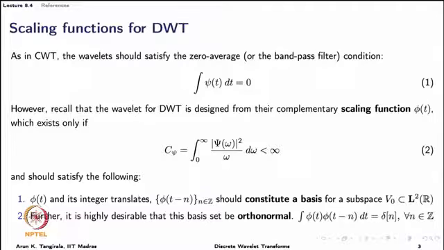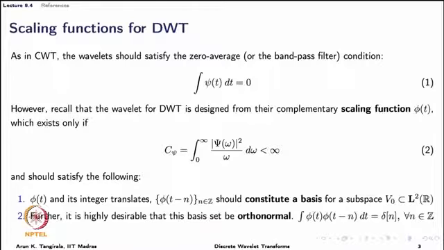But additionally, what we require in DWT is that the scaling function and its integer translates should constitute a basis, and preferably an orthonormal basis for some subspace of finite energy signals in the real space. All right. So, I hope it is clear.